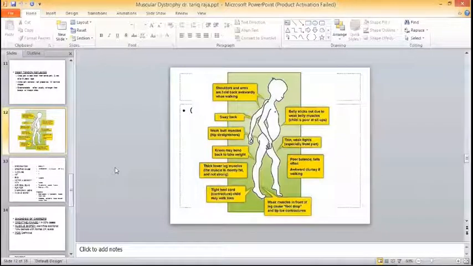You can see, or you will be able to appreciate, there will be swaying of the back and the belly sticks out. And what would be the reason? Because of the weakness of the belly muscles. And there would be thin, weak thighs and hypertrophy of the calf muscles. The thigh muscles would be weak and thin, and the calf muscles would be hypertrophic.